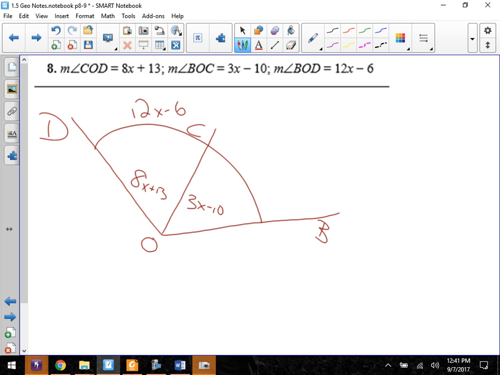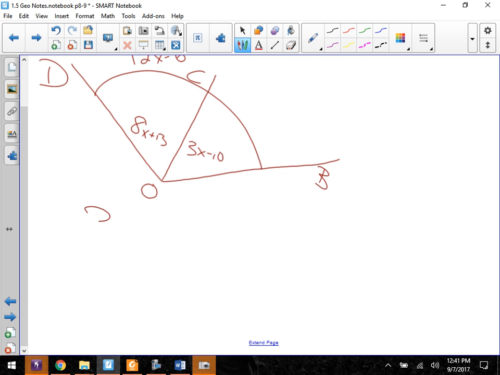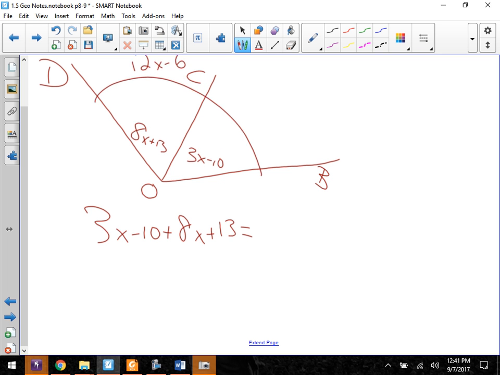The answer is no. So I do know that I have two smaller angles that can be put together to create not a vertical one, but a larger angle. When you have two small angles add together to get a larger angle, what do you use? We just use angle addition. The two smaller ones add up to the larger. Put that together, we get 3x minus 10 plus 8x plus 13 is 12x minus 6.